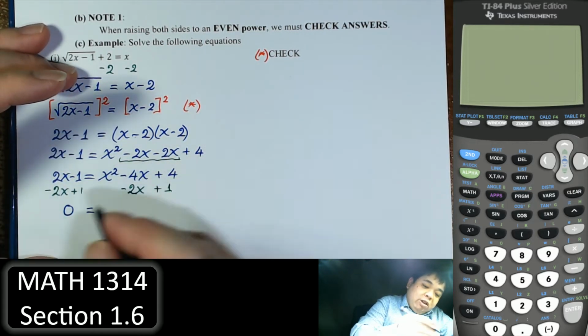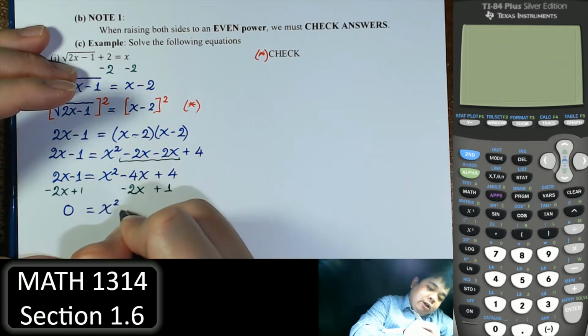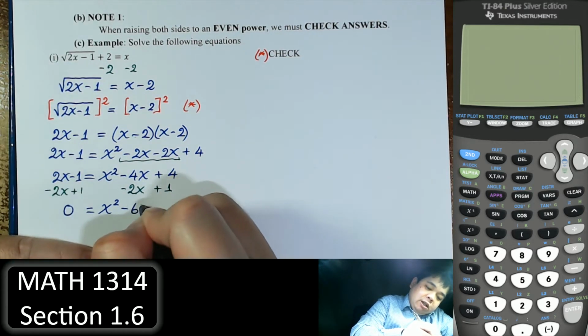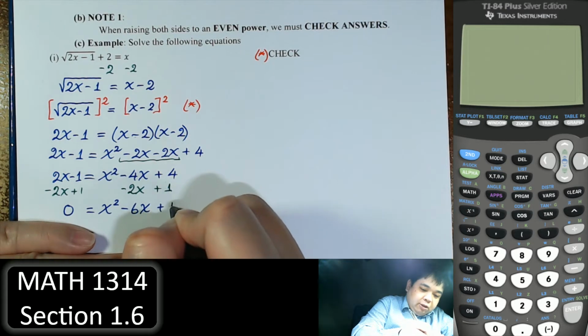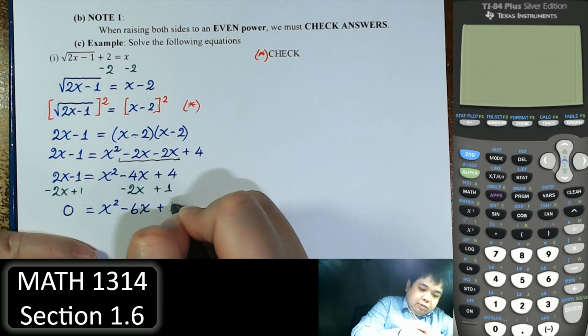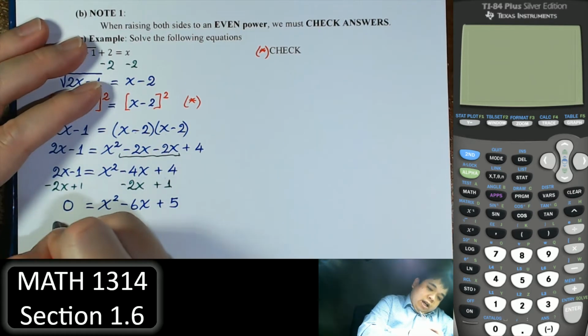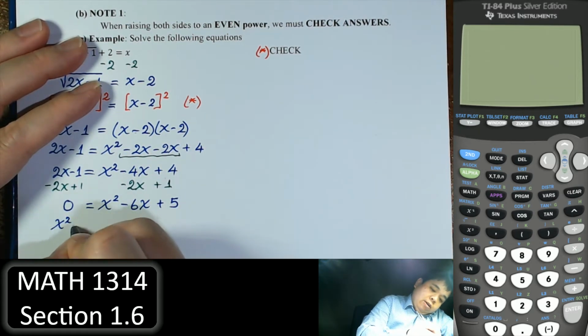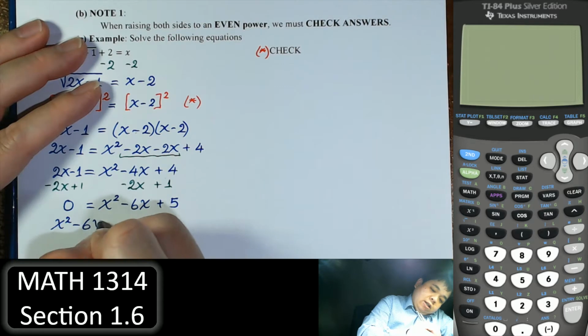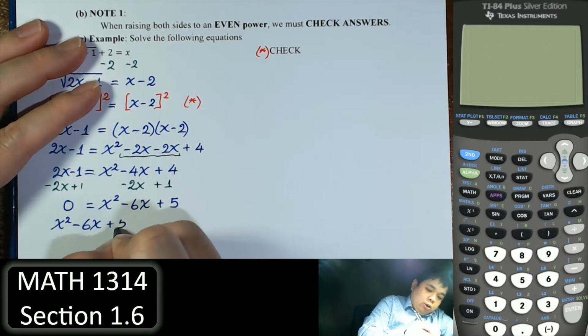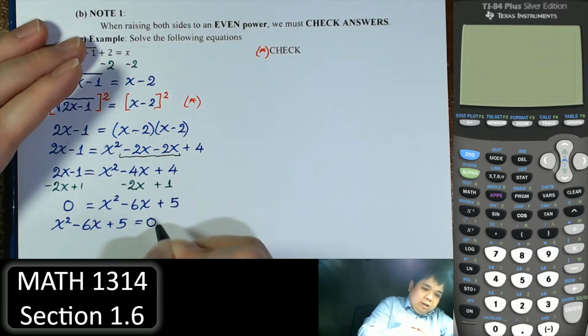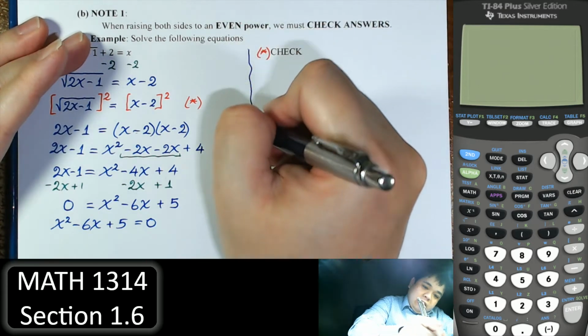Just move everything to that side. So we have x squared minus 6x plus 5, or we can say x squared minus 6x plus 5 equal to 0. Right. Check the equation later.